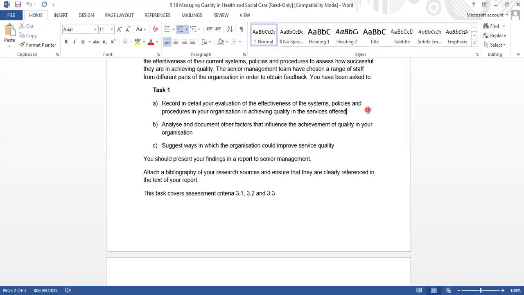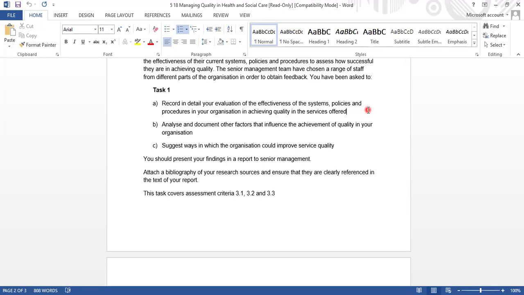Any direct measures of improving quality, or any indirect measures, both are okay. You'll have to think a little out of the box and think a little broader about how these could support quality in the services that you offer.